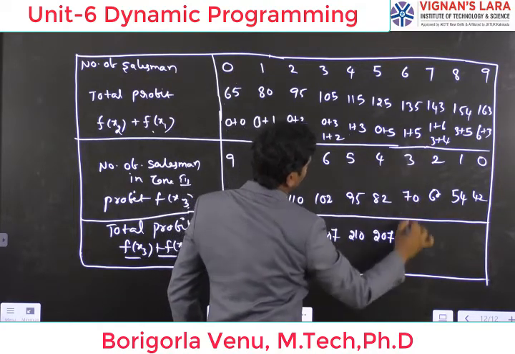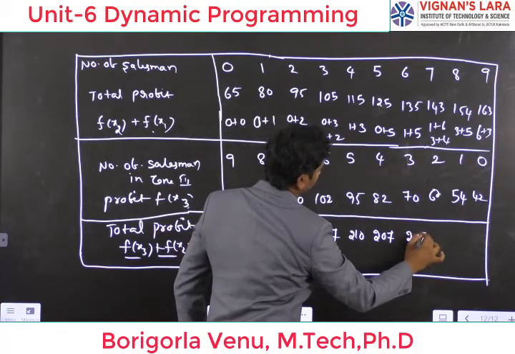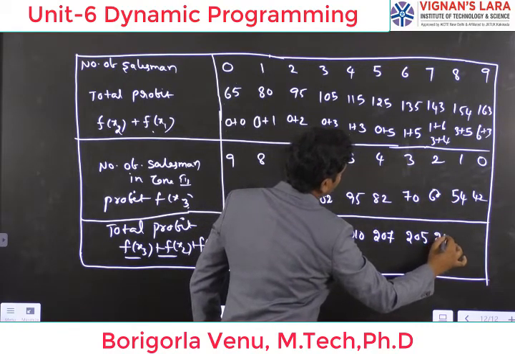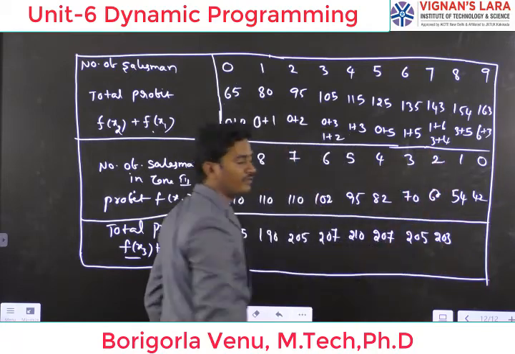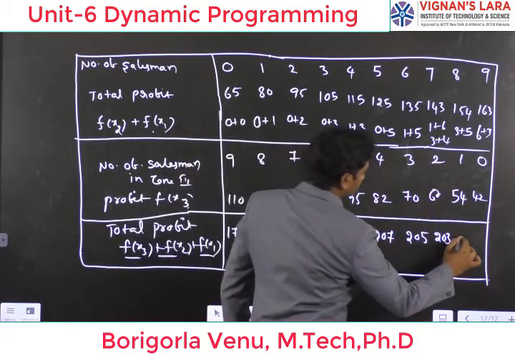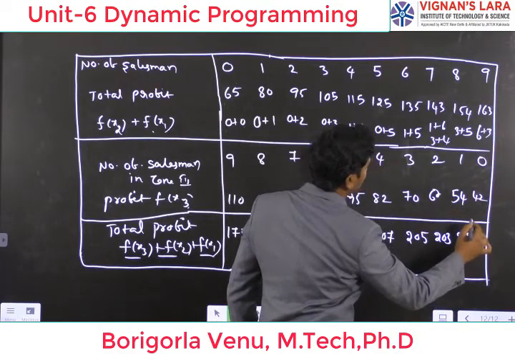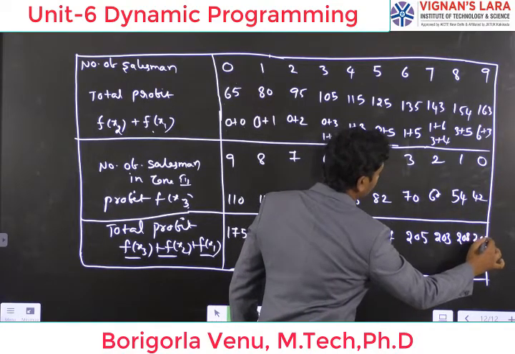Here 70 plus 135 is 205, 143 plus 60 is 203, 54 plus 154 is 208, and 42 plus 163 is 205.